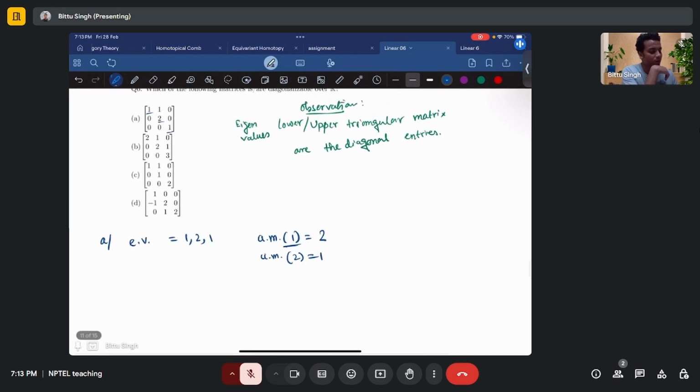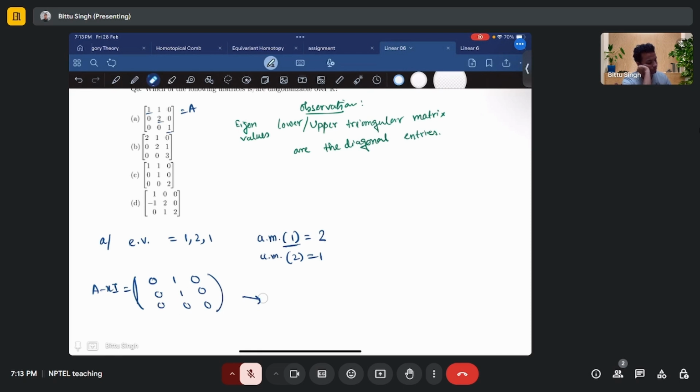So we need to find eigenvectors corresponding to 1. If we denote the matrix by A, then A minus I will look like this matrix: 0, 1, 0, 0, 1, 0, 0, 0, 0. So the rank of this matrix is 1.